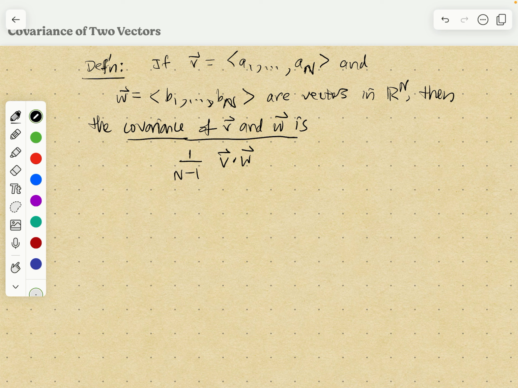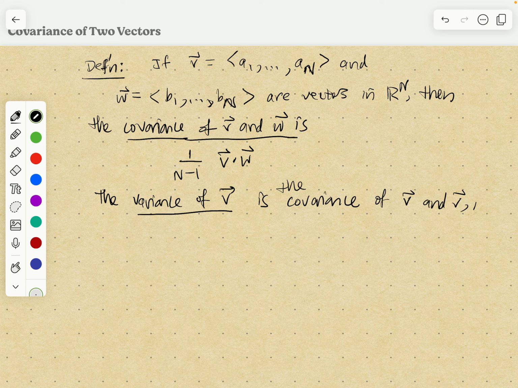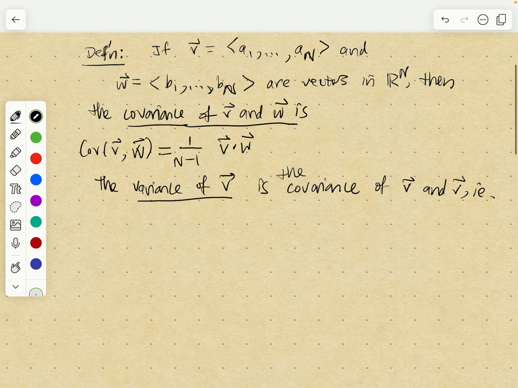The covariance is for two vectors. If you just have a single vector, the variance of the vector V is just the covariance of V with itself. I don't think this is common notation, but I'll use the covariance of V and W to be this.